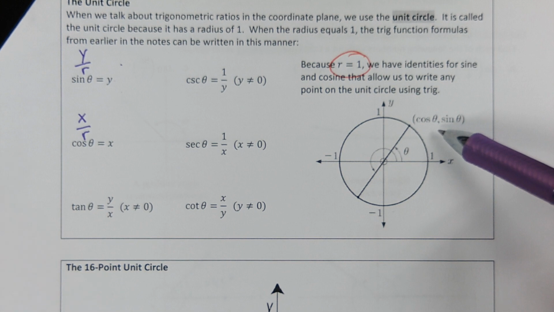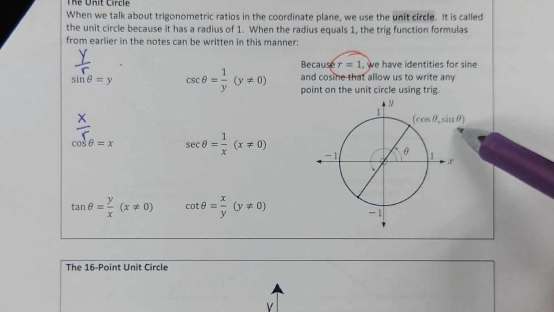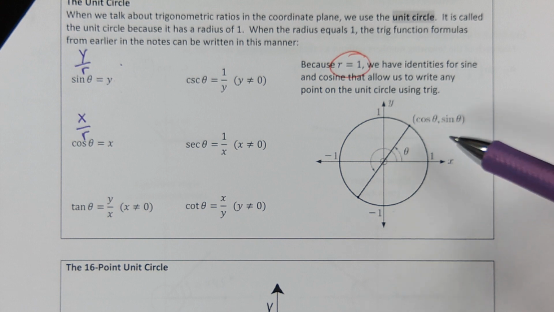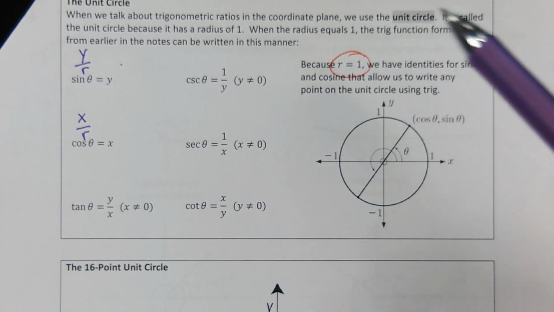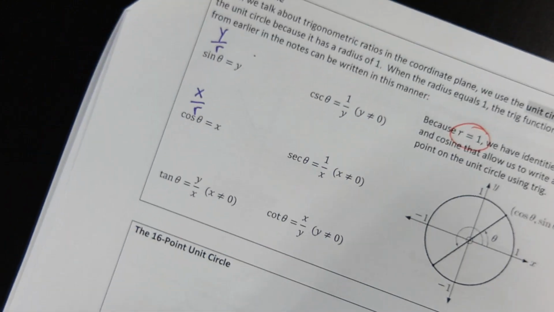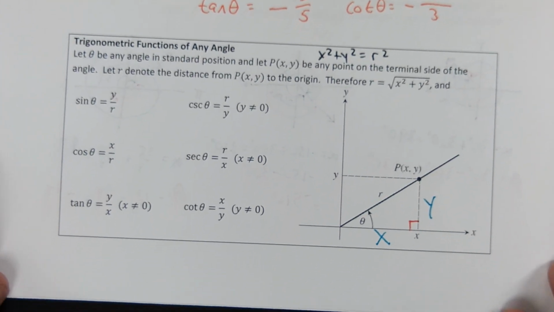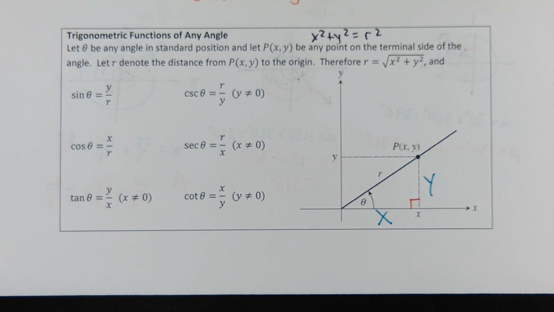Because in the unit circle, x is cosine theta and y is sine theta. So any coordinate on the unit circle, x, y, instead can be written as cosine theta comma sine theta. You know what? Please go back to this box where we were not in the unit circle.